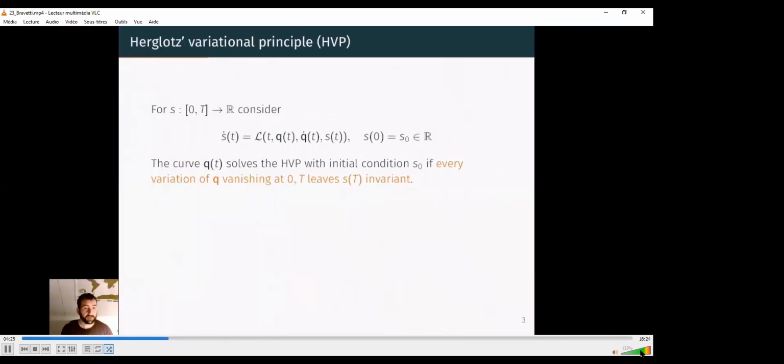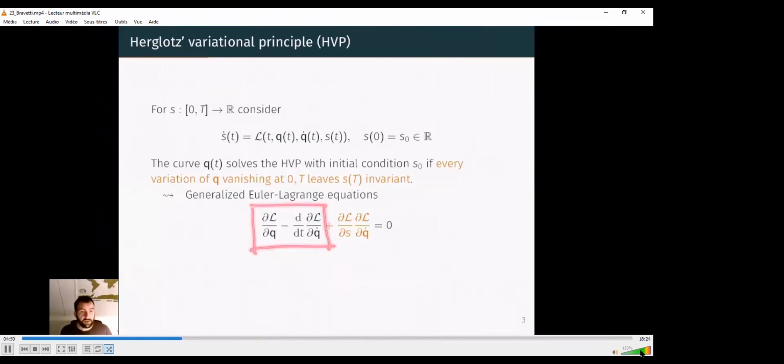This was done by Herglotz, and this essentially tells you that the curve is a critical point, so it's a solution for this variational principle, if all the variations of this curve vanishing at the endpoints leave the endpoint s of t invariant. So in this case, we can get the Euler-Lagrange equations out of it, and you will notice that you get the original Euler-Lagrange equation, the usual one from the Hamiltonian system, plus an extra bit that has an effect due to the s attached to the momentum, the partial of L in q dot.